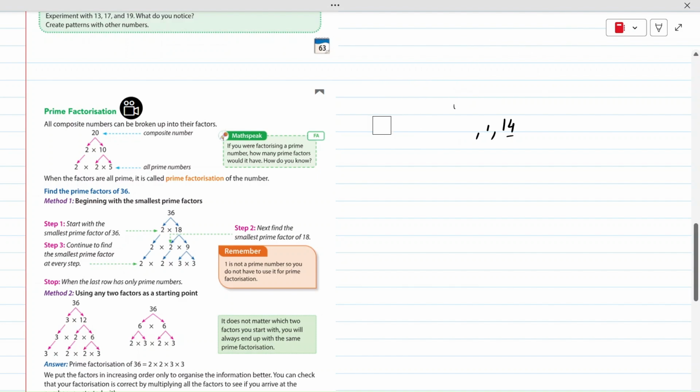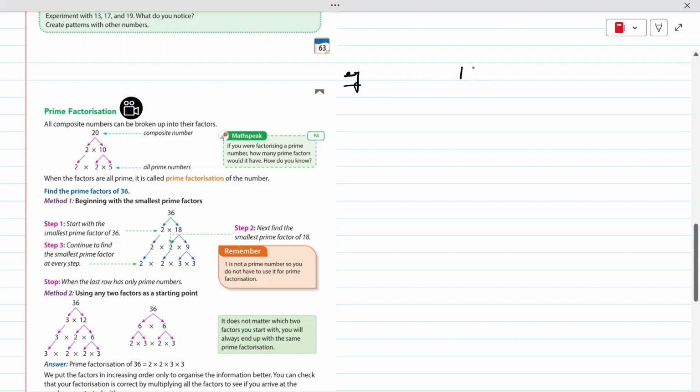Today we are going to learn about a concept called prime factorization, which means that we have to find the factors of a given number to the point that we are left only with its prime factors. I will tell you with the help of one example.